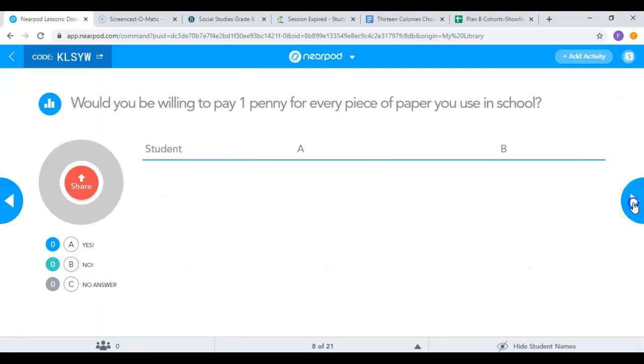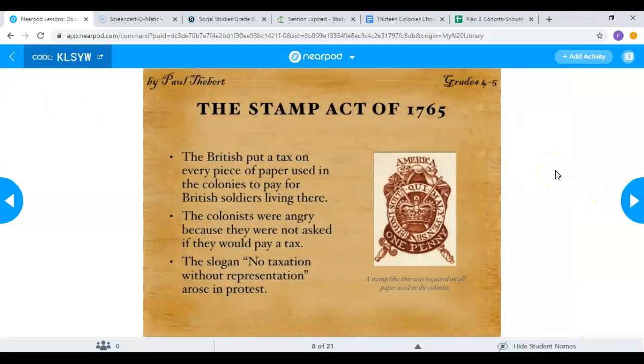Okay, we're going to skip the slide. The Stamp Act of 1765 was the first piece of legislation that put a tax on every piece of paper used in the colonies.